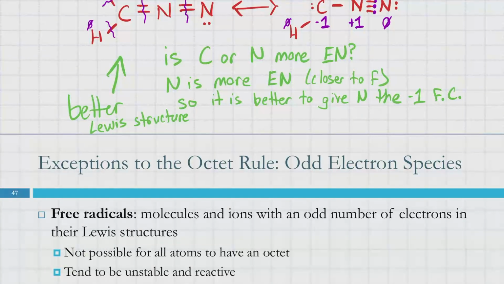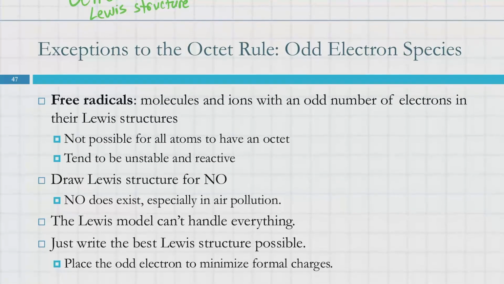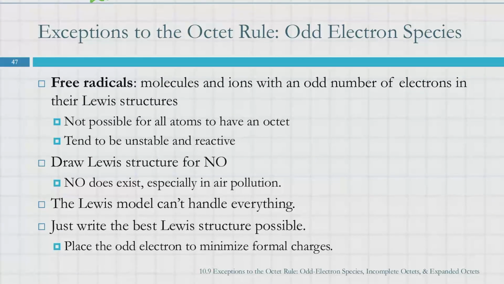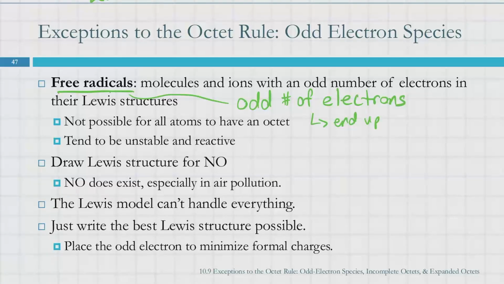We also have exceptions to the octet rule, one of those being odd electron species. So free radicals have an odd number of electrons. That means they end up with a single electron.